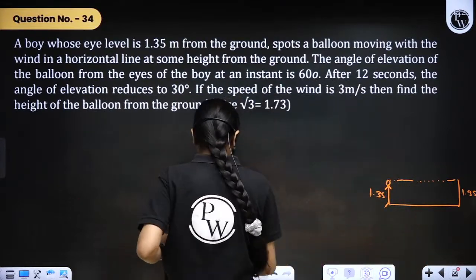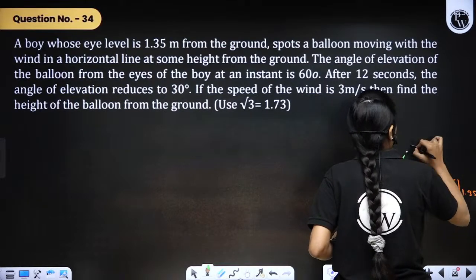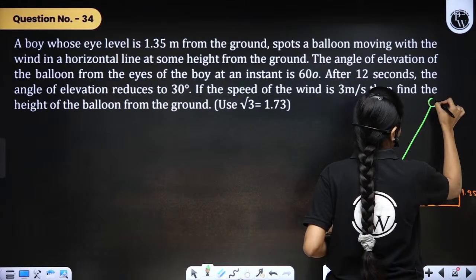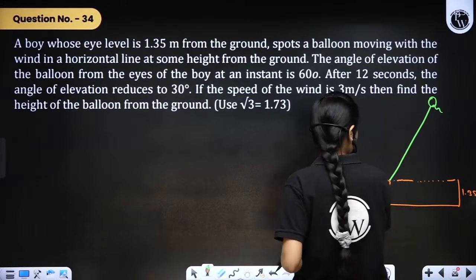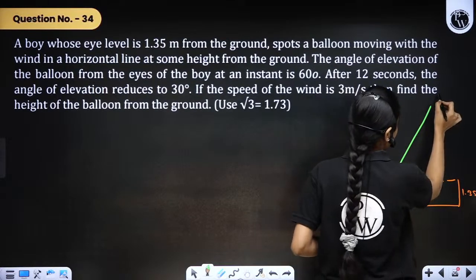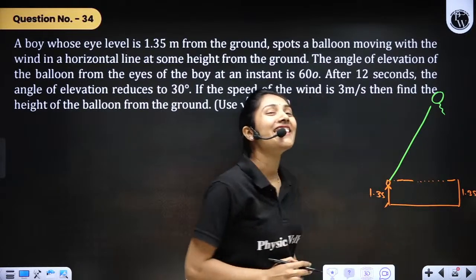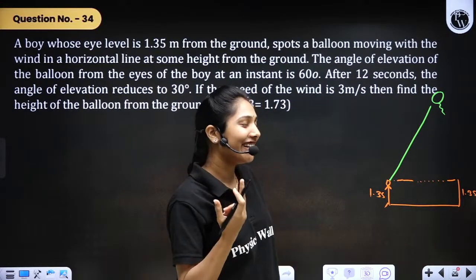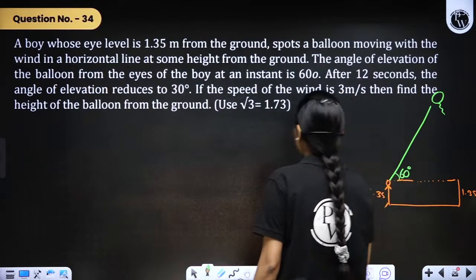So the angle of elevation from this eye towards the balloon, here we have a balloon. Consider my drawing. Drawing skills are really good, no? So this angle is 60 degree.